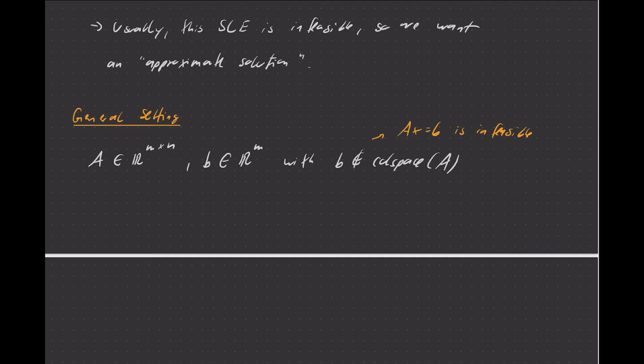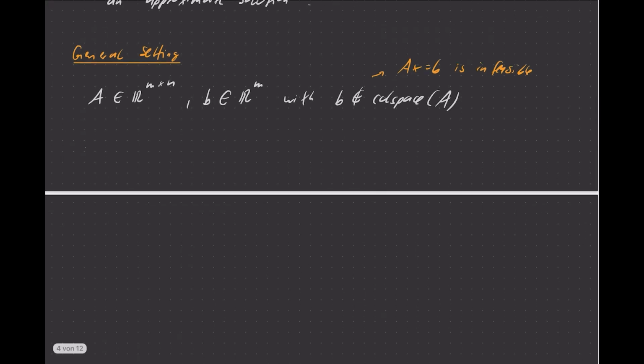So what we want to do now is we want to find a vector, let's call it B hat, that is in the column space. So AX equals B hat has a solution and close to the vector B in some measurement.